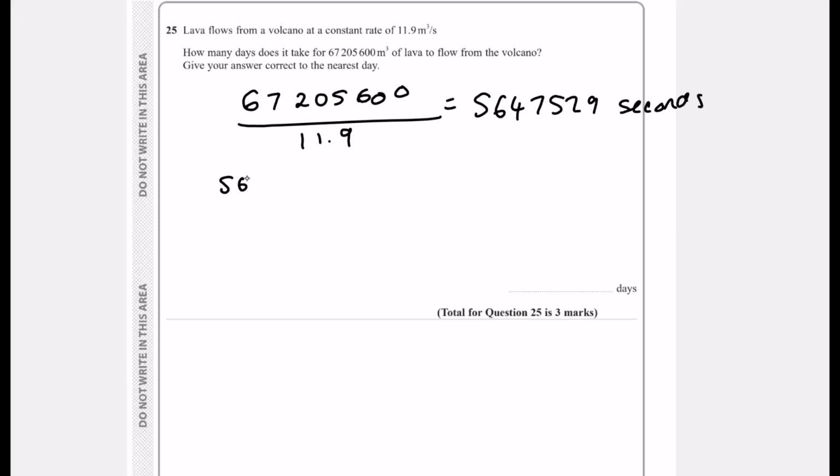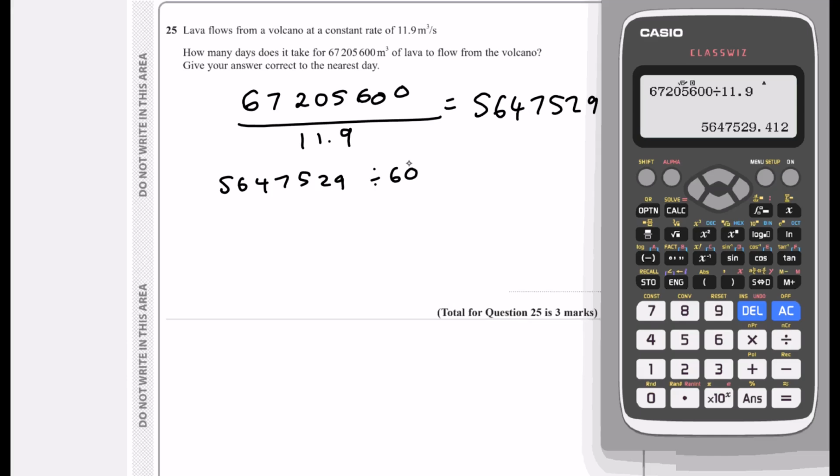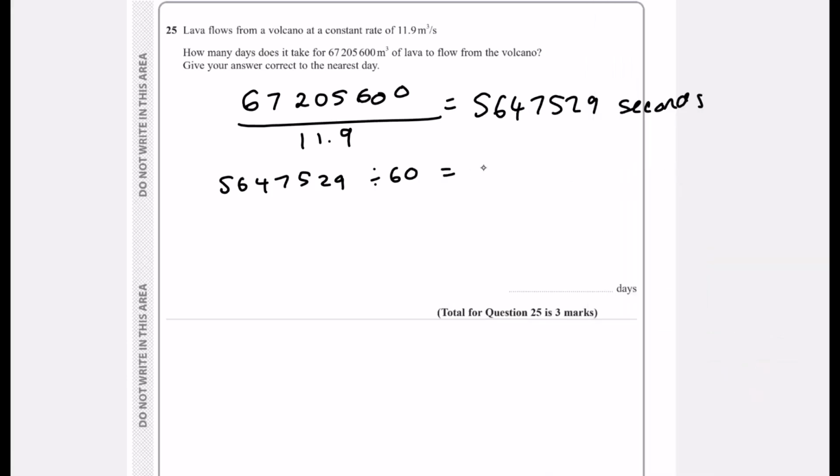So 5, 6, 4, 7, 5, 2, 9, keeping the number in the calculator though, divide it by 60. 94,125 minutes. Again, keeping that number in the calculator. I've rounded it here. I don't want to round it.